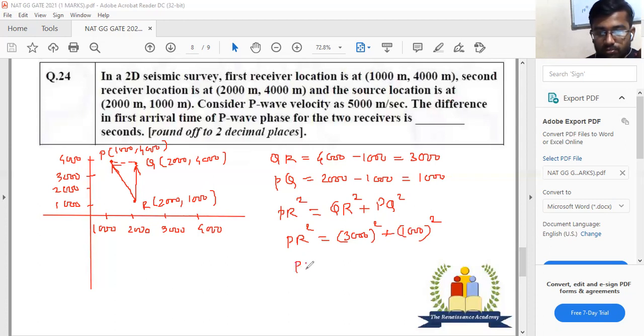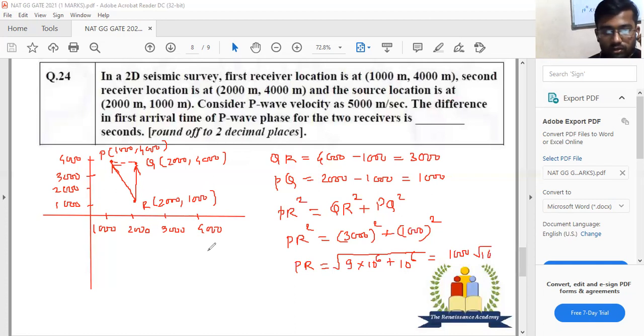So we'll get PR equal to the square root of 9 into 10 to the power 6 plus 10 to the power 6. If we solve this, we will get 1000 root 10.